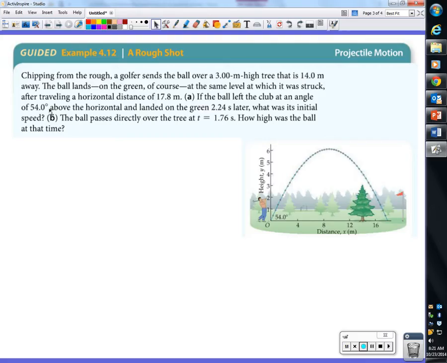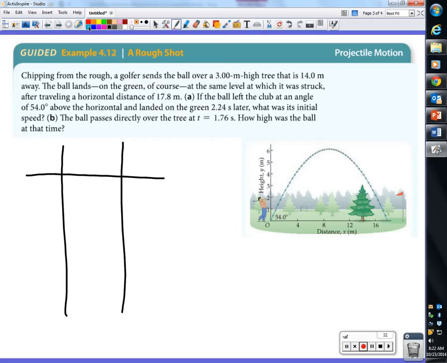But let's go back to how we address these issues, all right? Because this is a projectile motion problem, right? We will address it and set it up exactly the same way that we set up the projectile motion problems before. So, start with your chart. And then the 6 things down the middle, right?